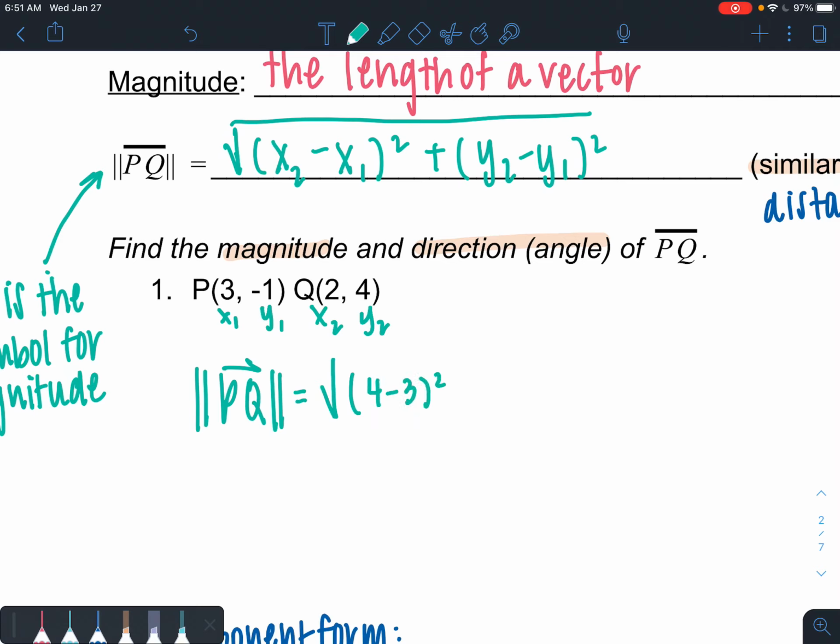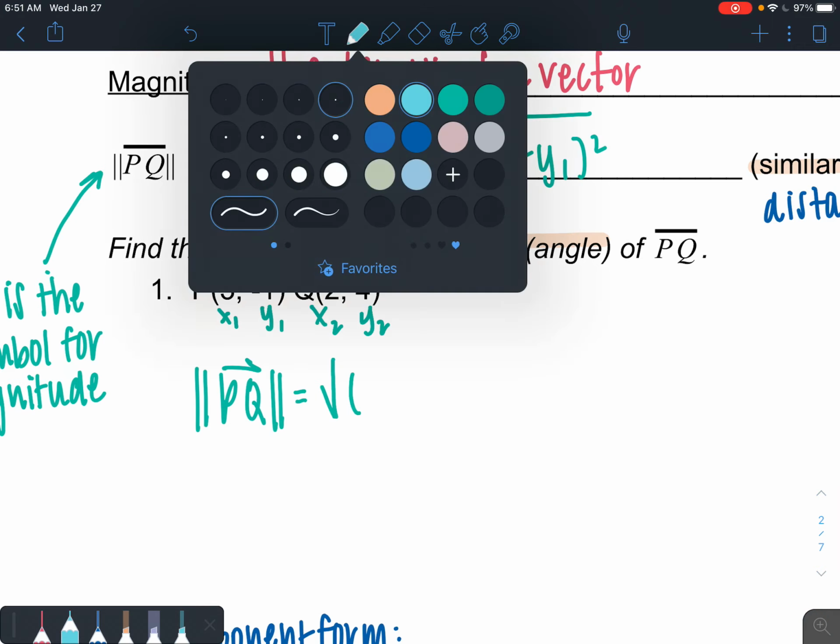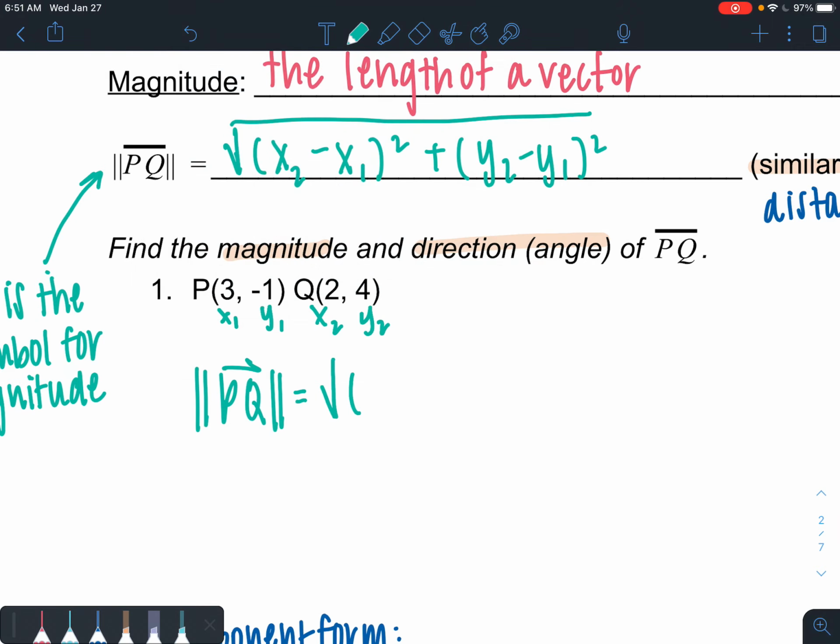So we're going to have 4 minus 3 squared plus 2 minus 3 squared. Oh wait, I'm mixing stuff up. Let's start over here. I need to have, so x2 is 2, y1 is 3, 2 minus 3 squared, plus 4 minus -1 squared.